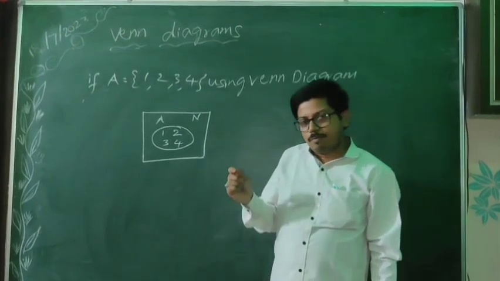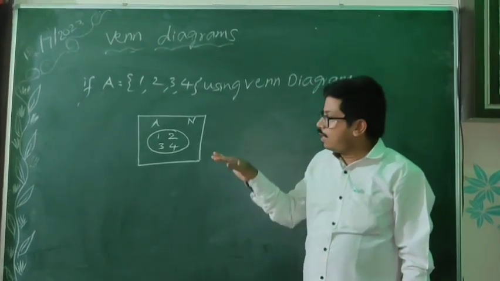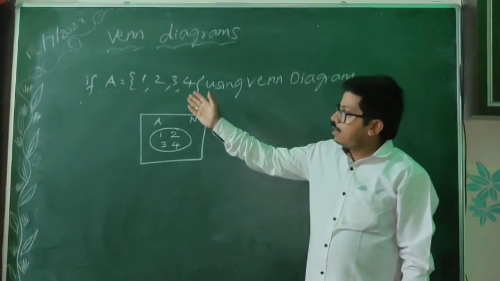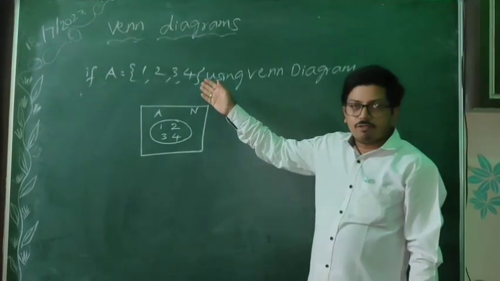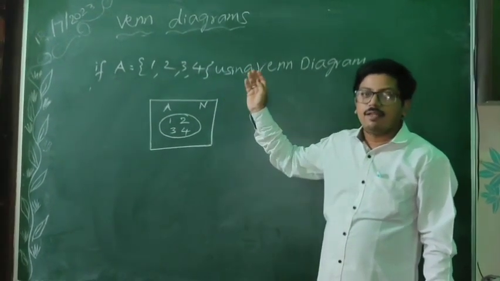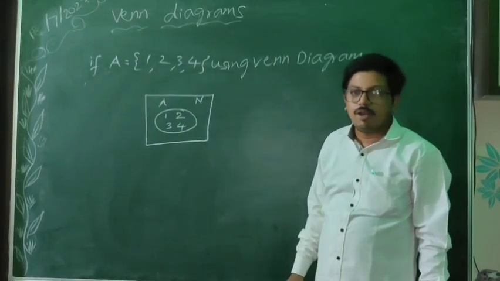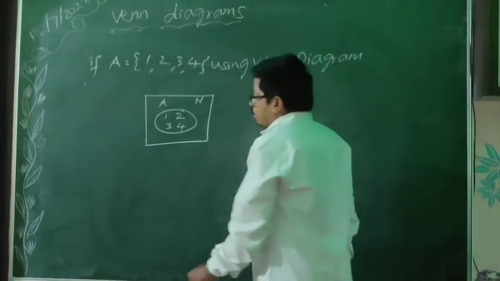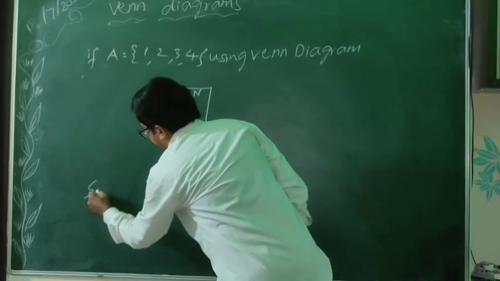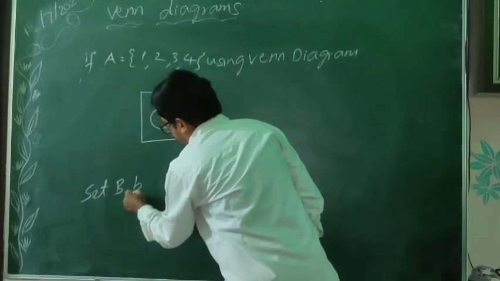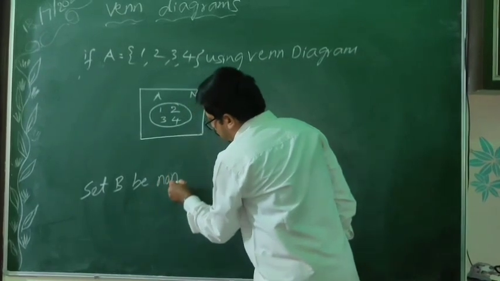Now there is a simple question. If nothing is given in roster form, and the set is a non-empty set, how do we show it? Let me take a set B, a non-empty set.